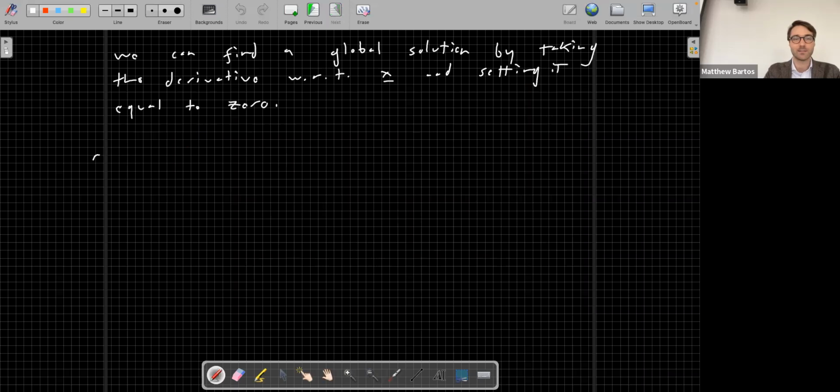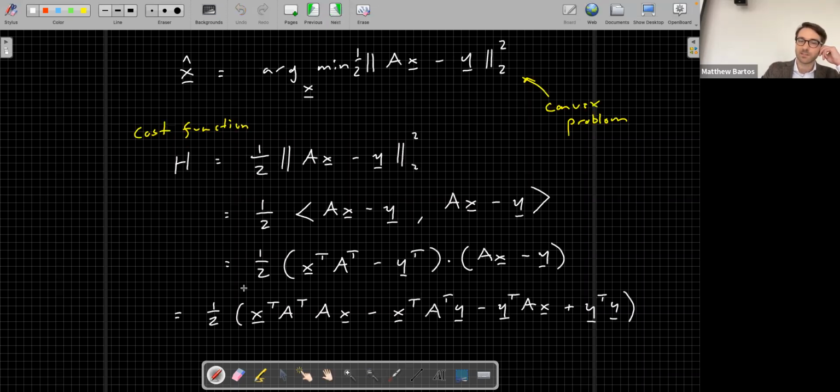So we have that dh by dx is equal to 0. And if we go through each one of these terms here, we look at our identities from before, and the first one becomes A transpose A plus A transpose A times X. We're treating this A transpose A as just a single matrix. So the derivative becomes this expression here, A transpose A plus A transpose A times X.